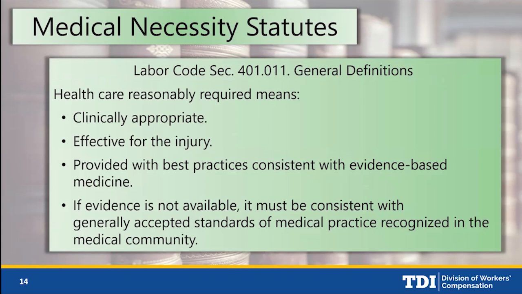You need to show: are there scientific studies proving that the services that you want to provide help that condition, help them recover from that injury? And if evidence is not available, whatever you're providing must be consistent with established standards within the medical profession.